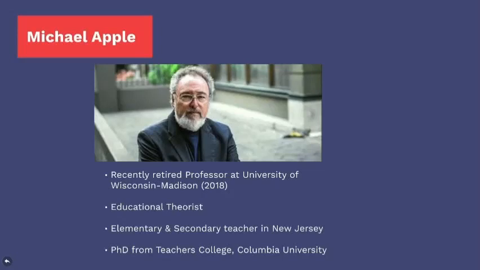So it makes sense that we're reading him for this topic of curriculum. Before becoming a professor of education, Michael Apple served as an elementary and also secondary school teacher in the state of New Jersey. He also studied in New York City at Teachers College, where he got his PhD.